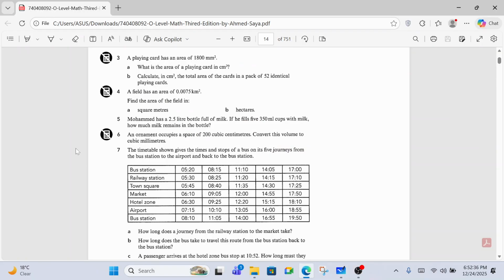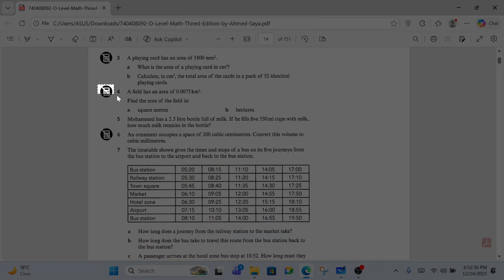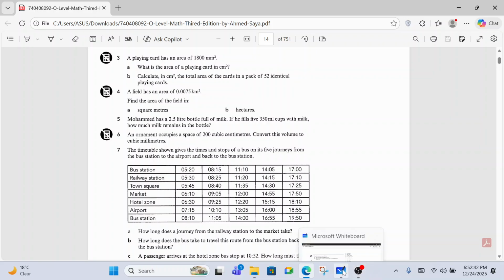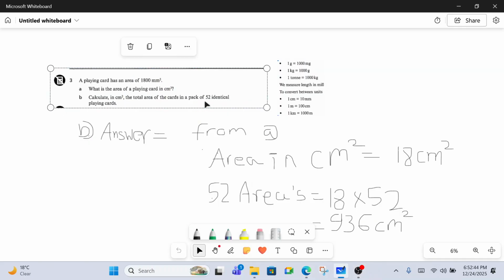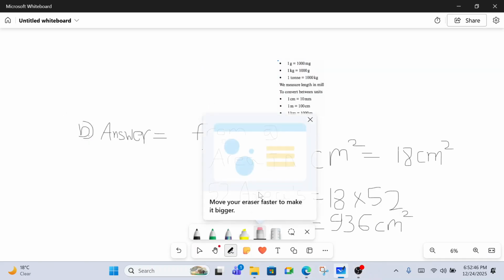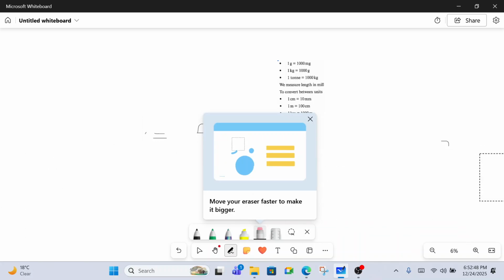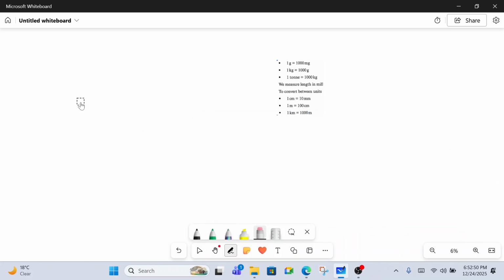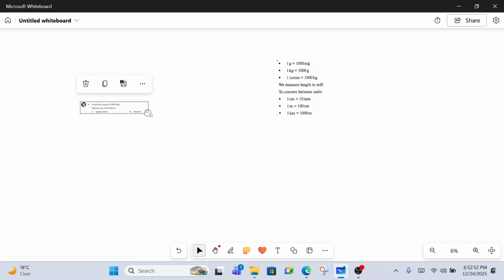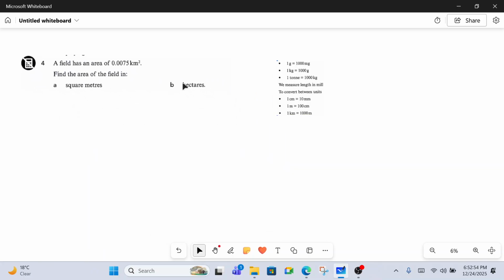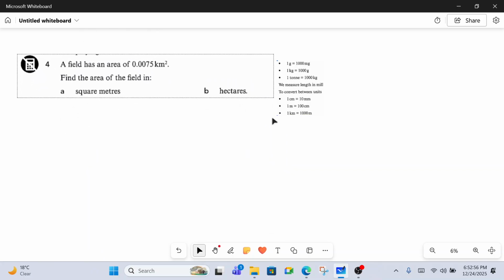Let me just copy that again. Okay, it loaded, so let me delete previous lectures items. Let me enlarge it so that it looks visible.